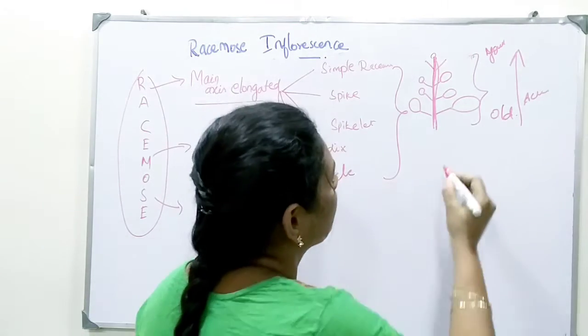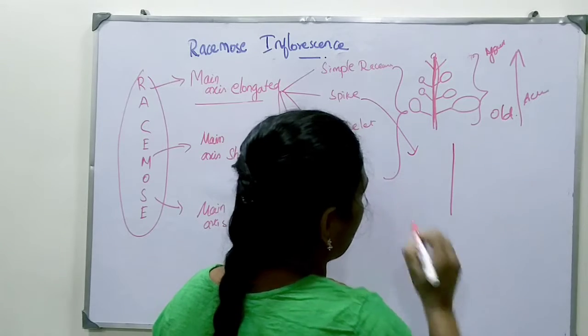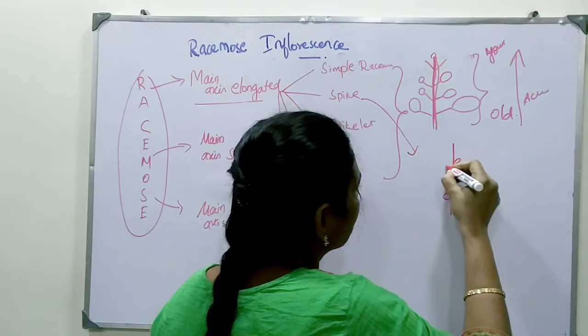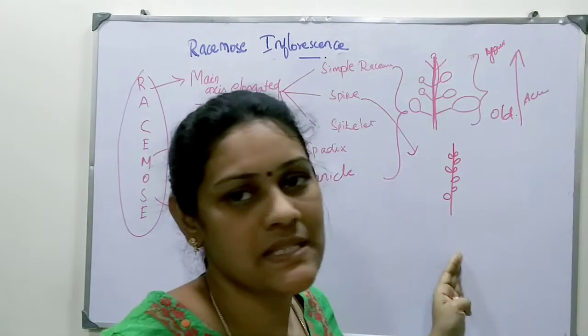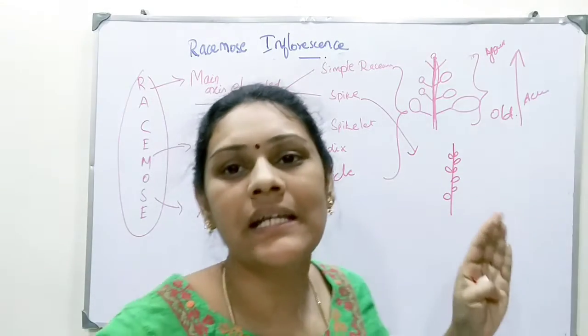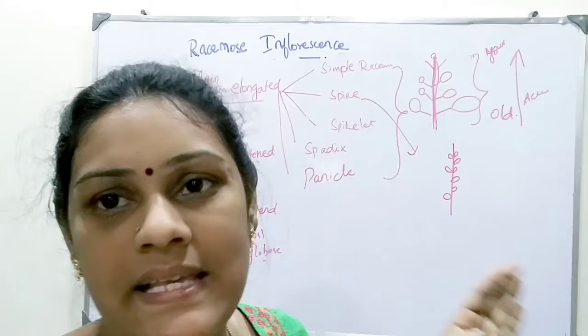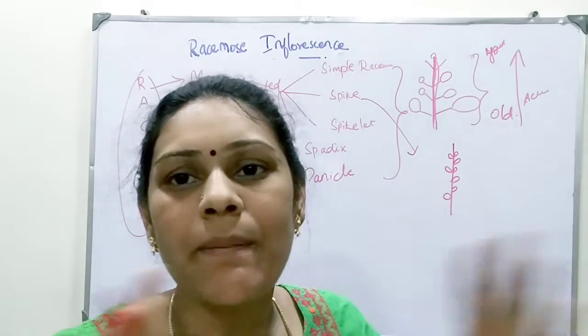Here also the main axis of this spike is there, and it is having flowers without the pedicel. So the flowers without the pedicel, that is the flowers which are directly connected or directly linked to the stem, are called sessile flowers. Okay, here also no branches, directly it is attached to the main axis.